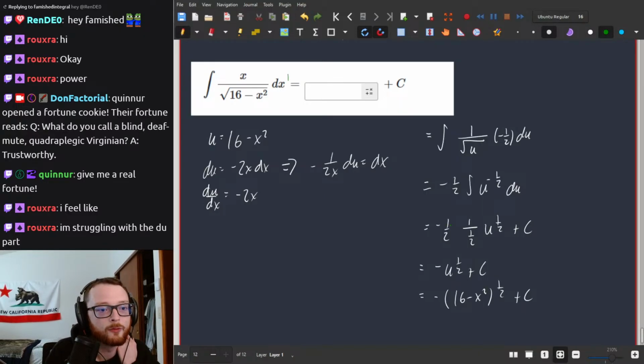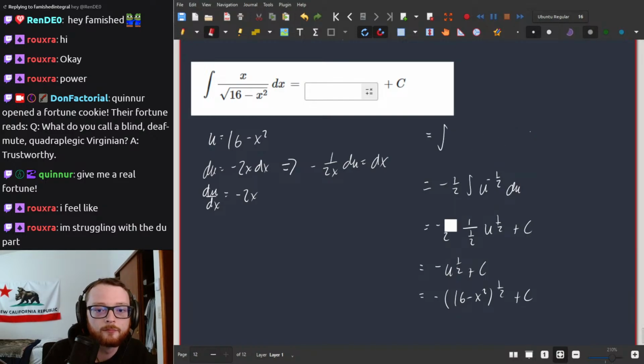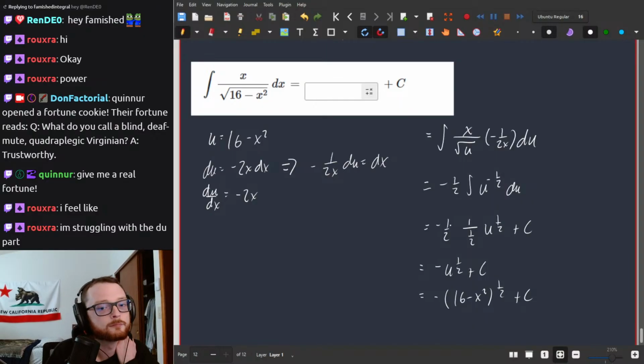And so this dx becomes minus 1 over 2x du. So when we do this u sub, it's actually a little more like this, where this x is still here, but it's going to cancel out because of this factor that comes along.